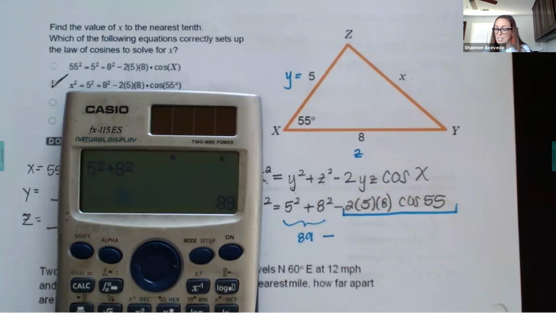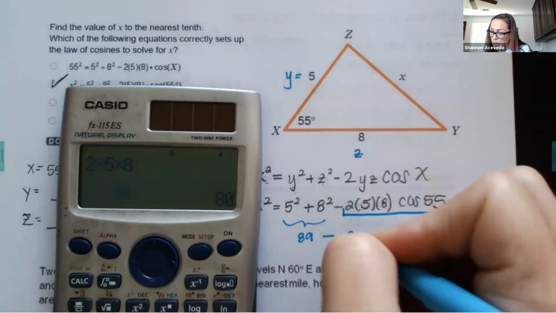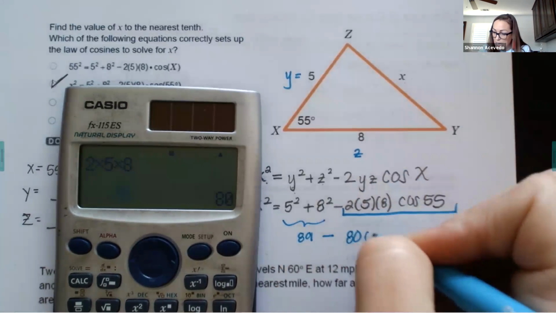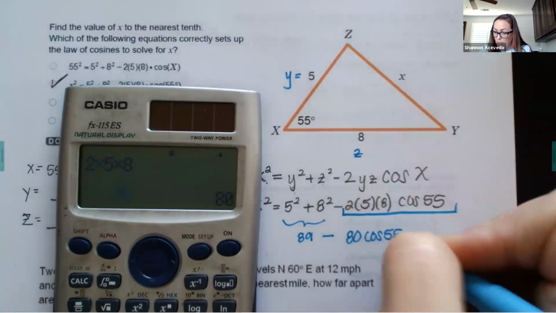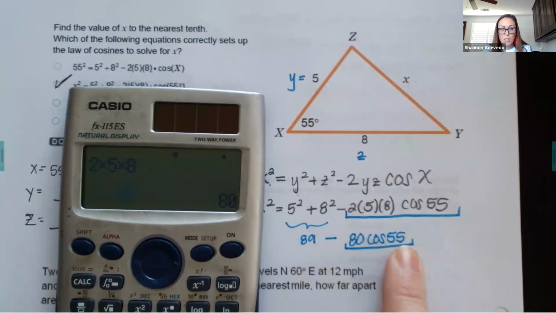Often I see you guys do 89 and then subtract 2 times 5 times 8, which is 80. You subtract off 80 and then you times it by that. But this 80 is with your cosine of 55. This has to stay together. It's minus this value, so it would be 89 minus 80 cosine of 55. That has to stay together. That's one of your biggest mistakes.